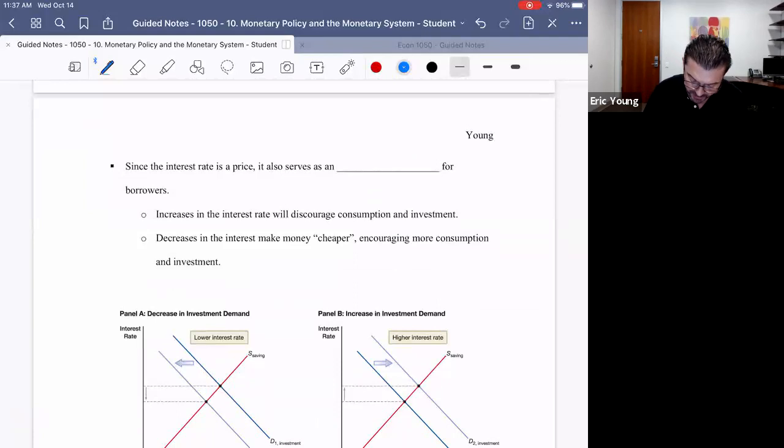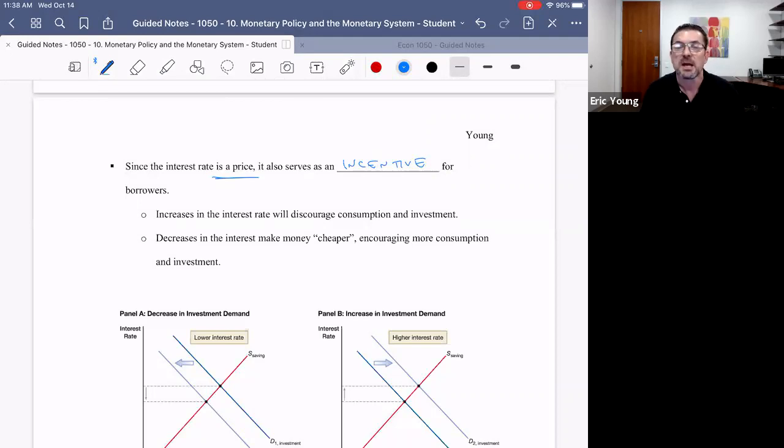Now, here's what's really important to take away. Since the interest rate is fundamentally a price, it serves like any other price. It sends signals. It encapsulates information. And critically, it serves as an incentive. We had said way back in price theory and those theories of efficiency of markets that money plays many roles and it does many things.